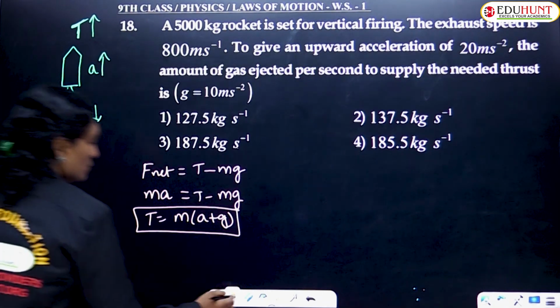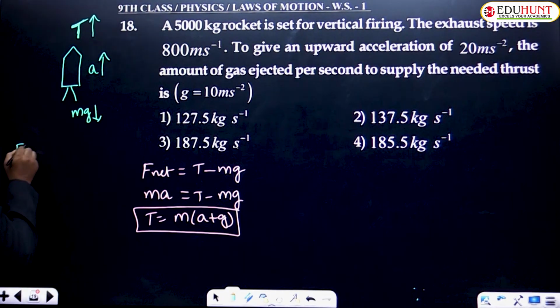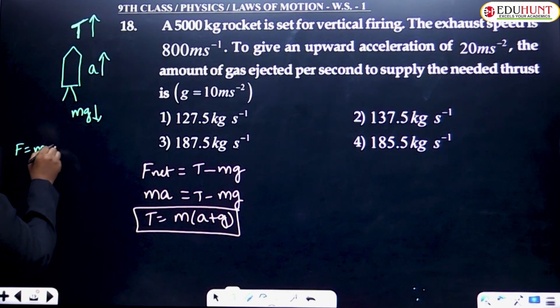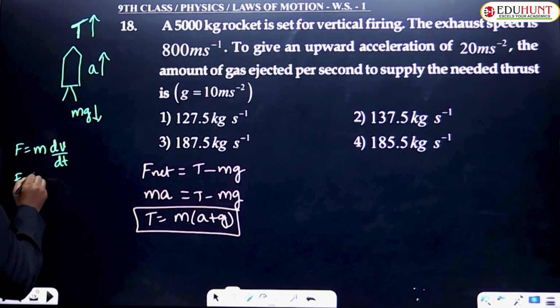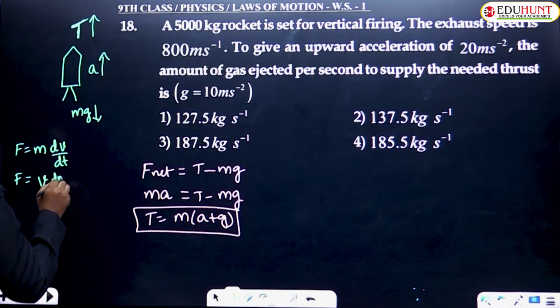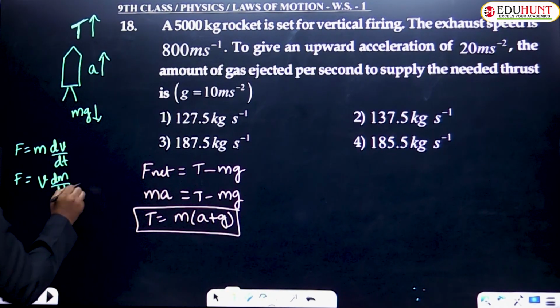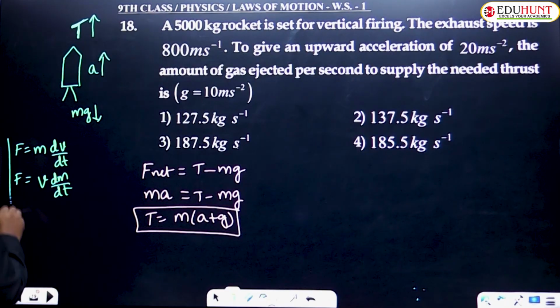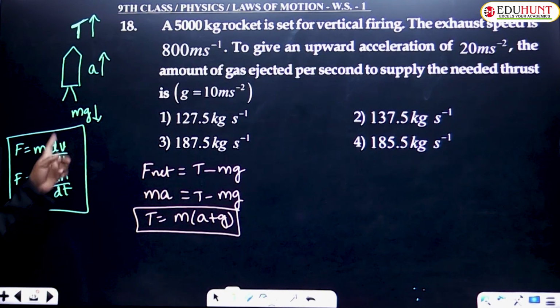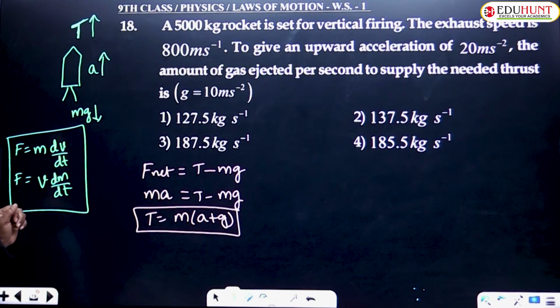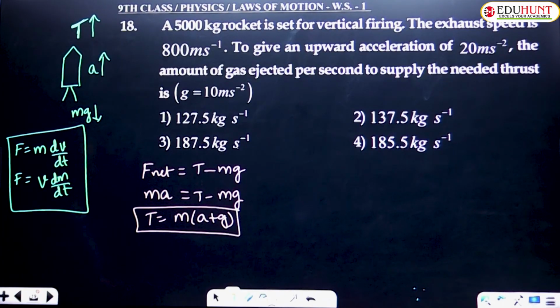Children, we also know that if mass is constant, F is given by m dv by dt. But if the speed is constant and mass is changing, then F equals v dm by dt.